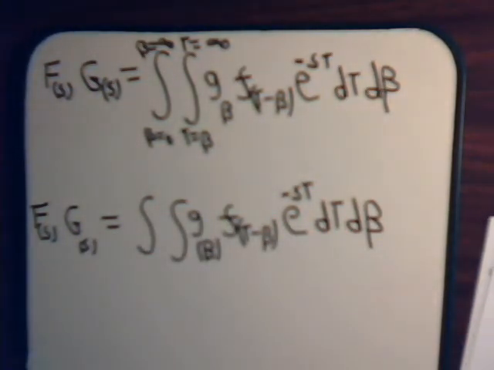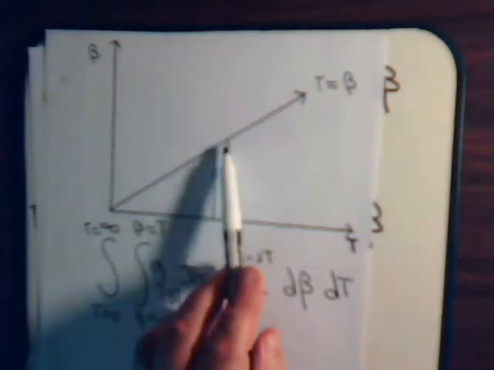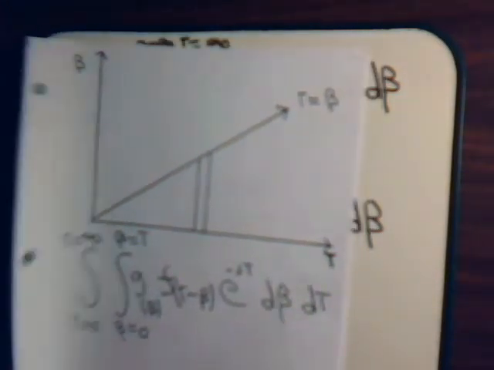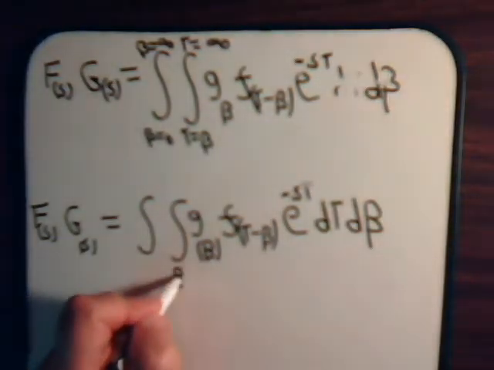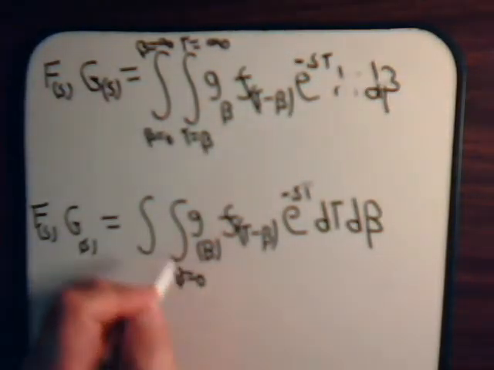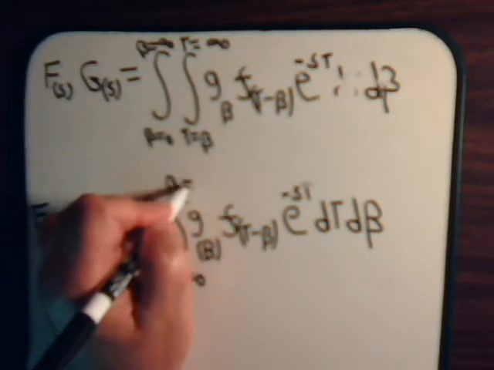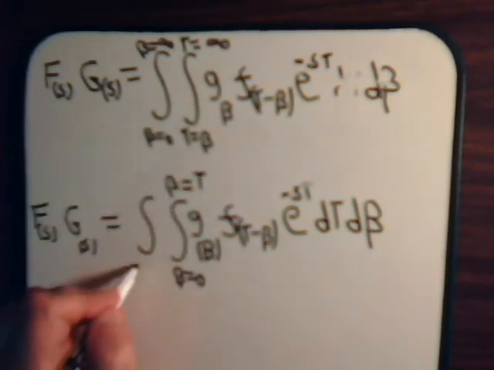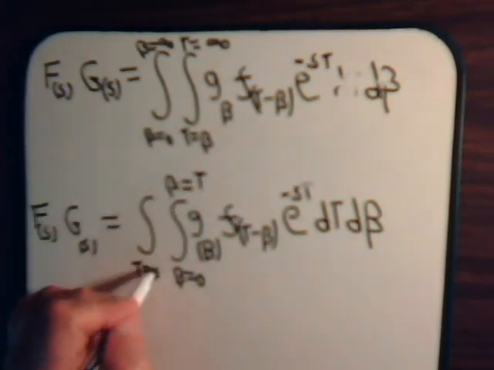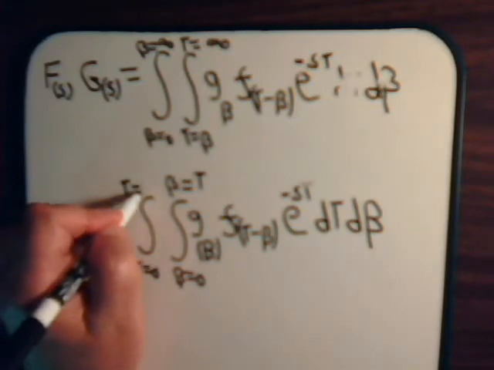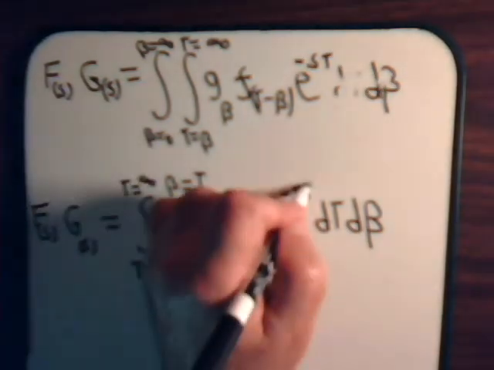Now the limits are beta goes from 0 up to t. So we have beta equals 0 to beta equals t, and t goes from 0 to t equals infinity.